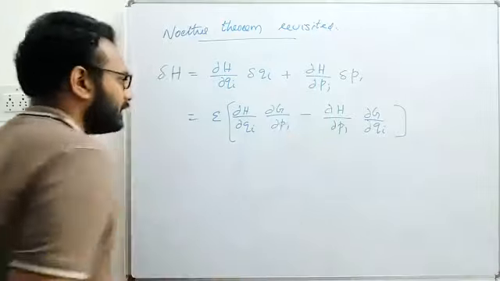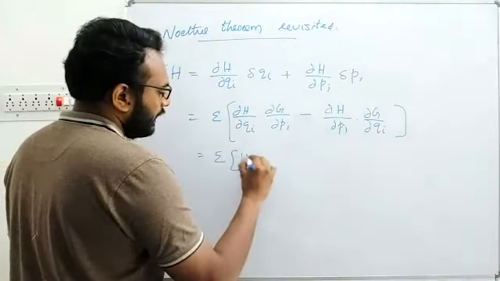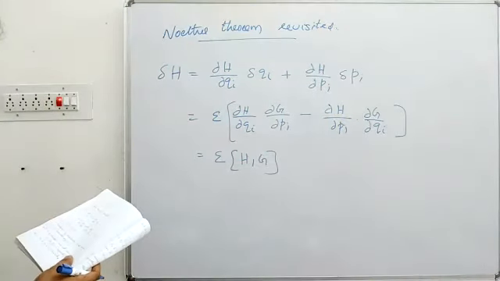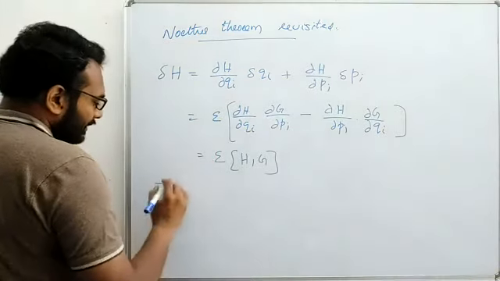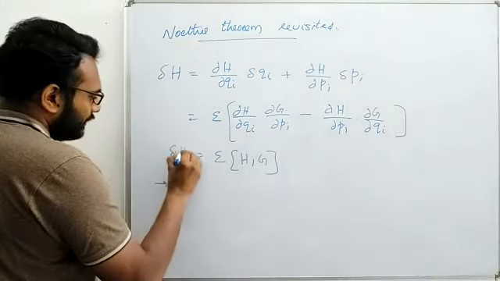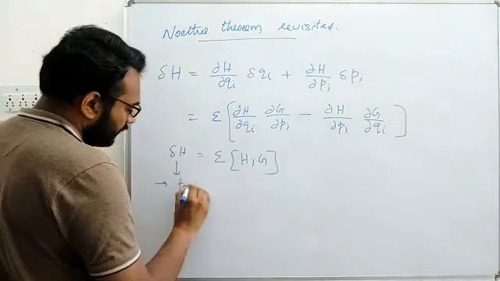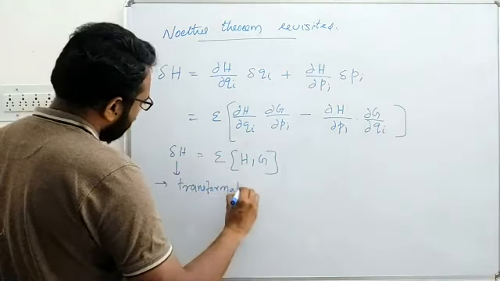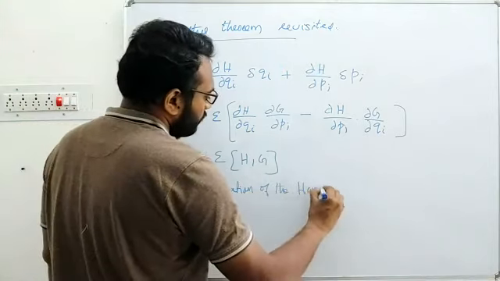That minus comes here. Now this is nothing but the Poisson bracket of H with G. What is this? We can call this delta H. This is the transformation of the Hamiltonian, or the change in the Hamiltonian.